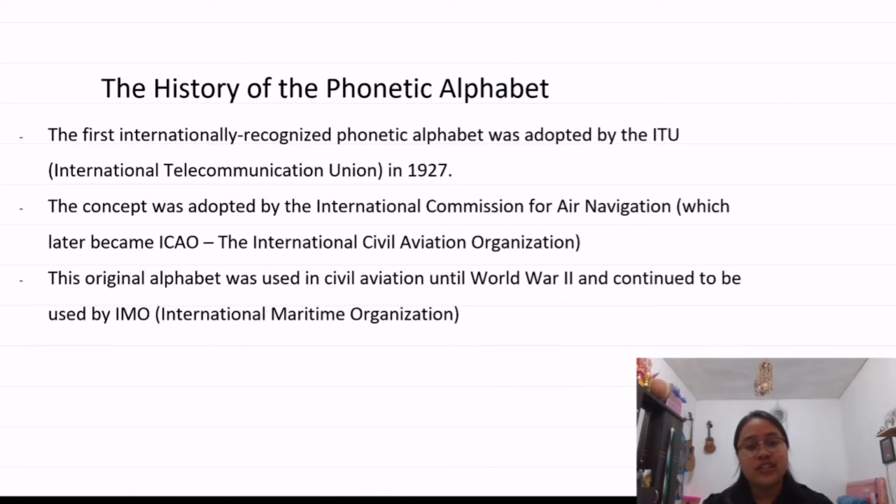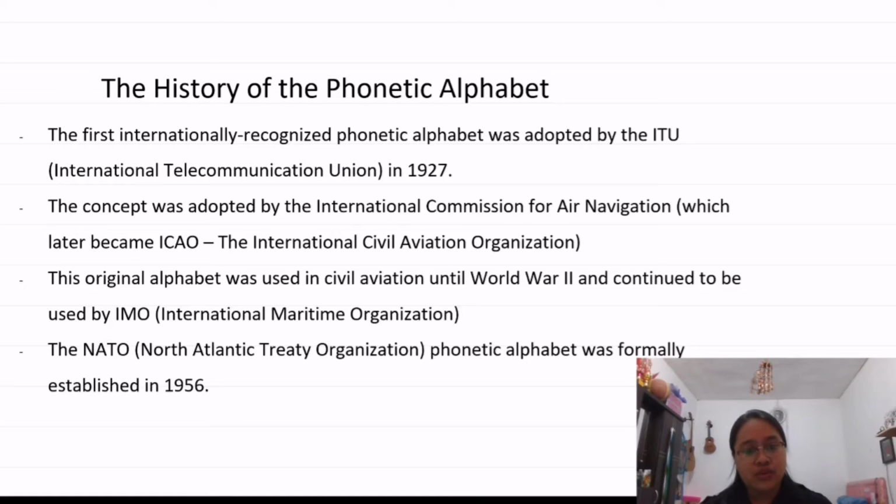This alphabet was originally used in civil aviation until World War II and continued to be used by the IMO, or International Maritime Organization. The NATO, or North Atlantic Treaty Organization, phonetic alphabet was formally established in 1956. In America, they use the NATO phonetic alphabet, and in Britain, they use their own spelling system.